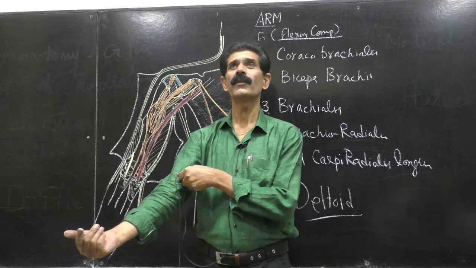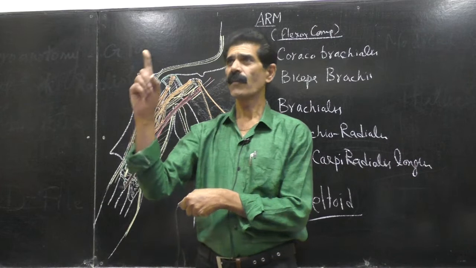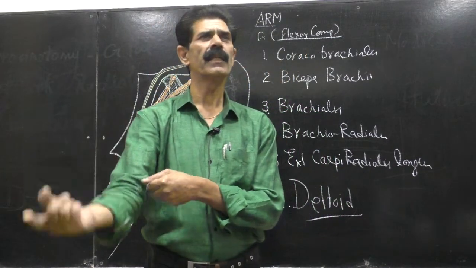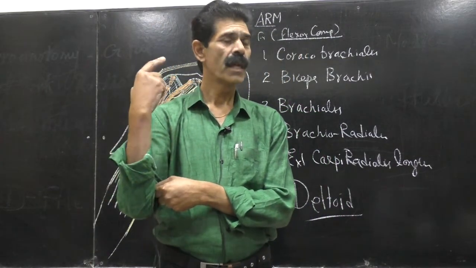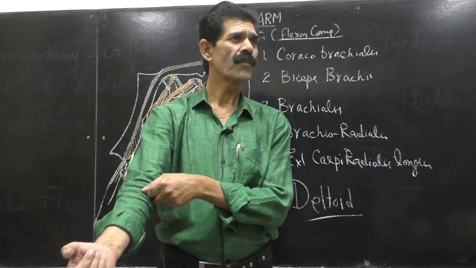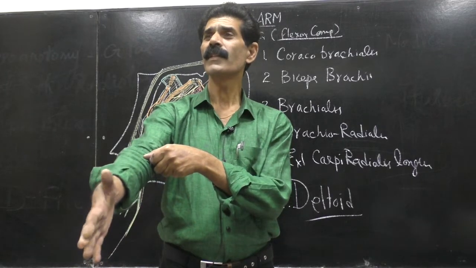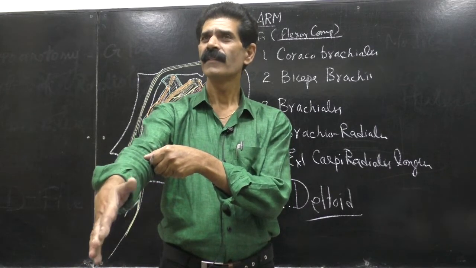If this muscle had been inserted on the anterior aspect, then there would have been only one action, that is the flexion. But because of this insertion on the posterior surface, when it contracts, what will happen? The upper end of the radius rotates laterally.